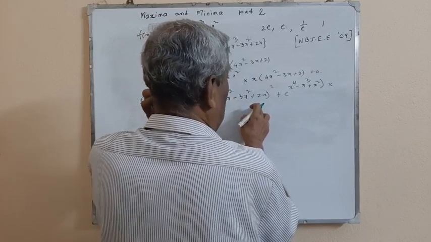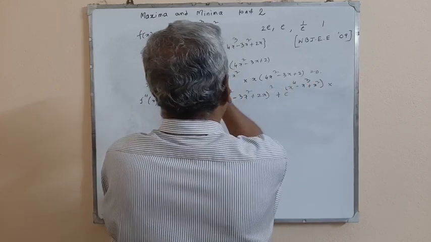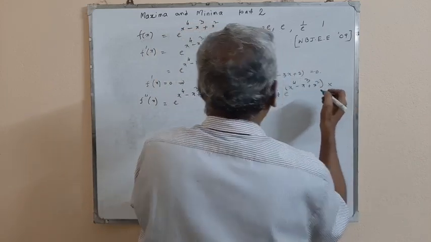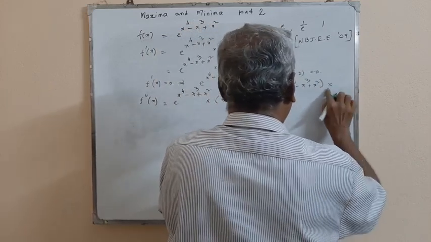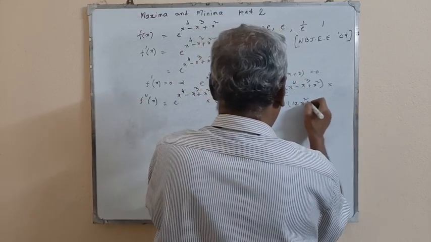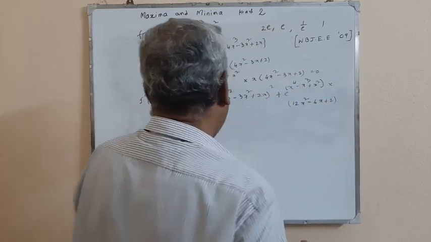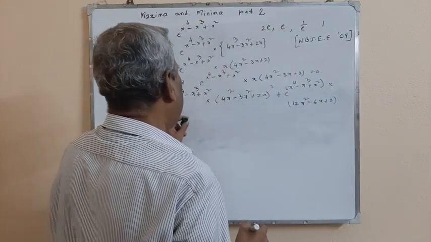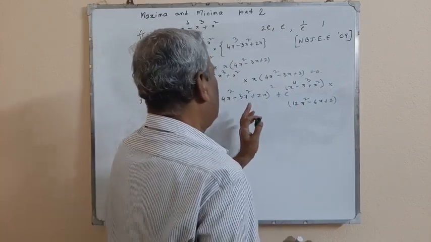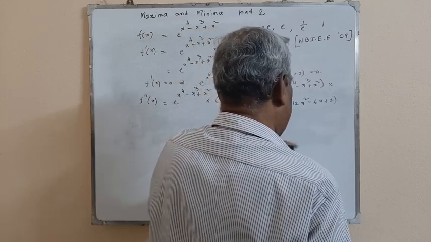Now this one into the derivative of that means it is 12x square minus 6x plus 2. Now at x is equal to 0, this becomes 1. This is positive. This is positive because it is whole square.